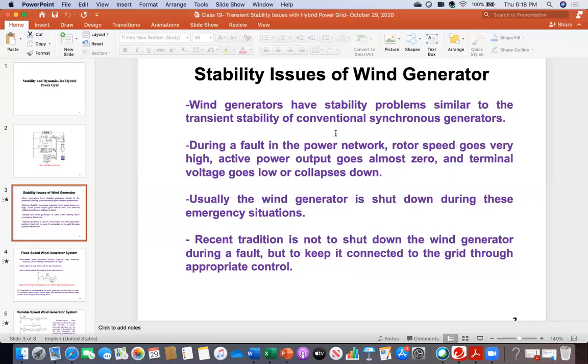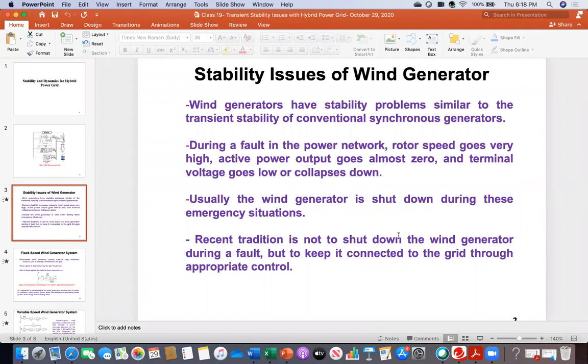Because induction machines are mostly used, you see the terminal voltage go low or even collapse fully. Active output power can go very low because of that induction nature, because they always draw reactive power from the system. And then usually the wind generator is shut down during these emergency situations to protect the generator. But in recent times, what is the technology?